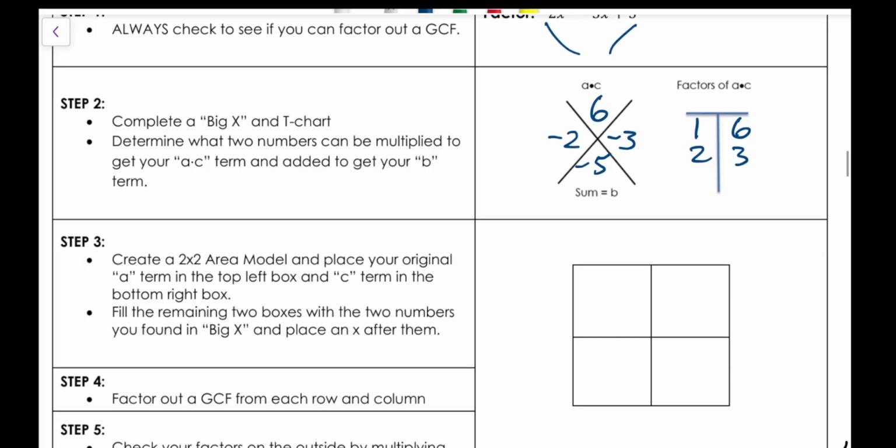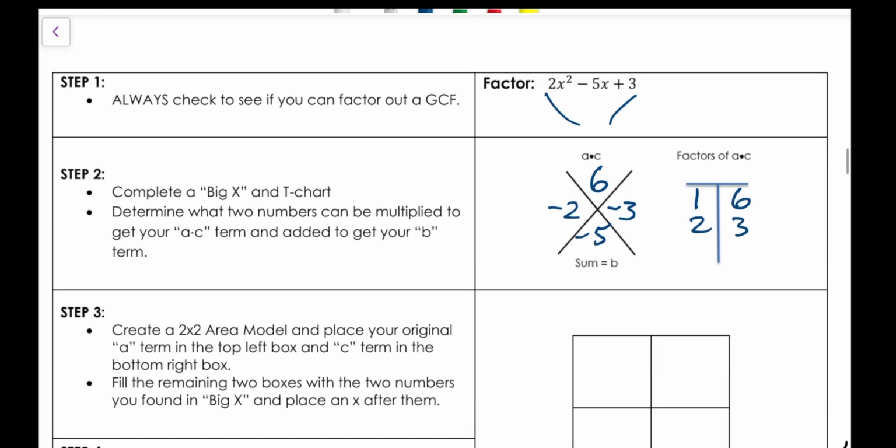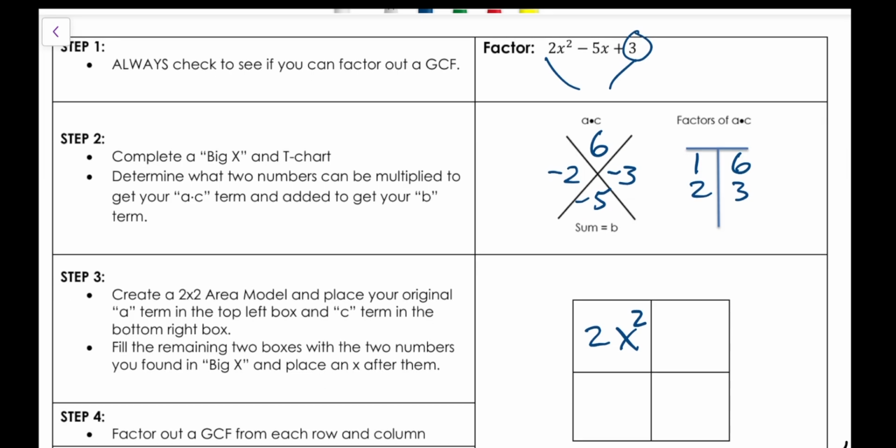So now we take those two numbers, and we know it has to start with 2x squared. So we put 2x squared in one of these boxes. And we know it has to end in 3 because it's ending in 3. We put that in the other corner over here. The two numbers we just found are going to go in the other two boxes.